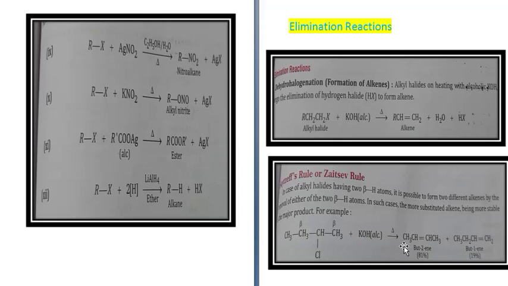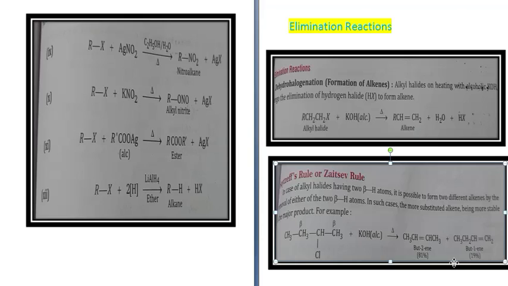And in the second case, hydrogen is being removed from the other side, so you get CH3CH2CH=CH2, that is but-1-ene. Now but-2-ene is 81%, and 19% you get but-1-ene. Why? Because the trans alkene is more stable, hence it is formed more as a major product.